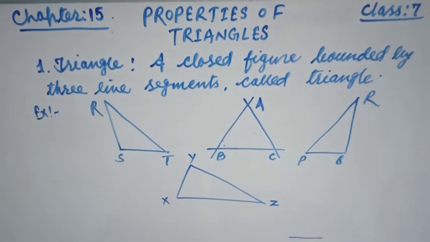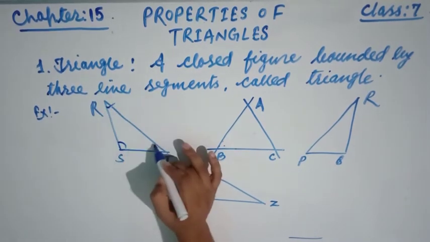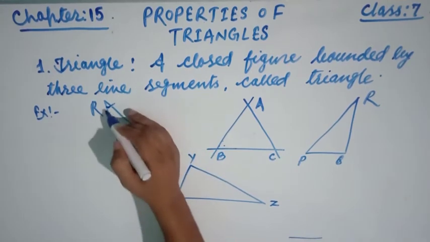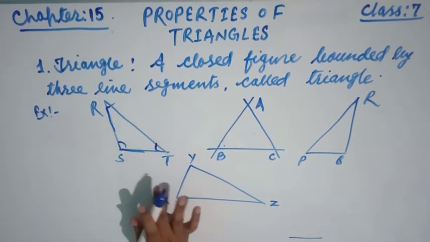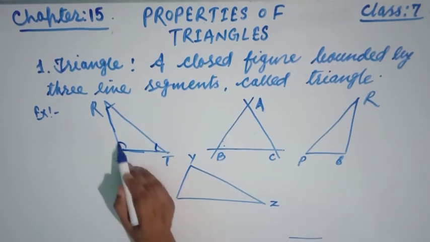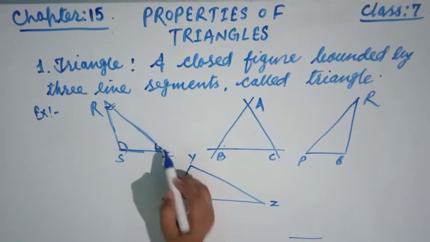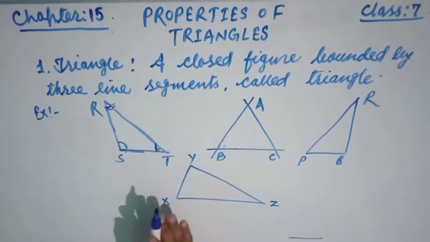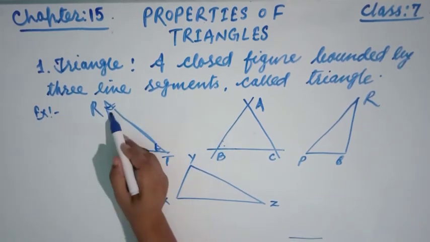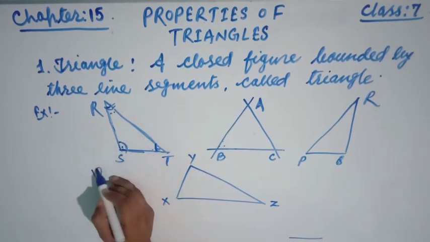Okay. Now friends, in a triangle there are two parts. First, angles, and the second one is sides. We can say in a triangle there are three sides, this 1, 2 and 3, as well as three angles, and the sum of the three interior angles of a triangle is 180.